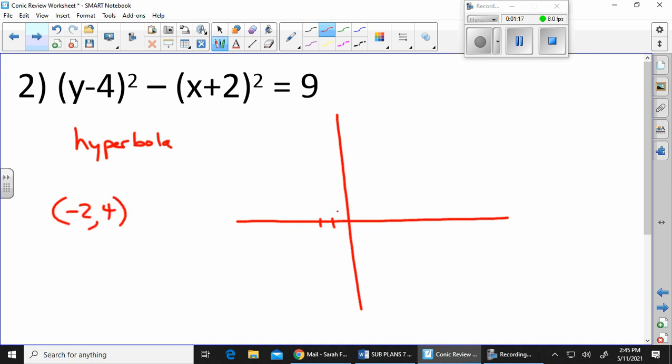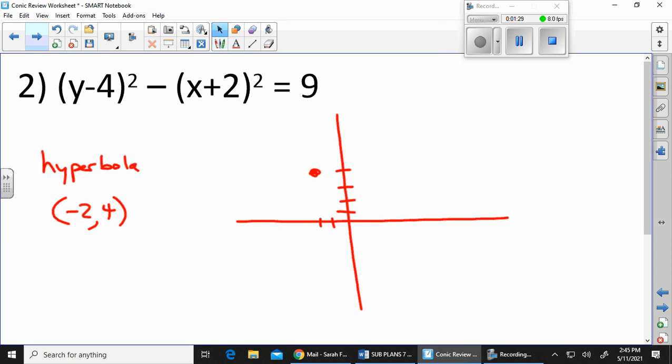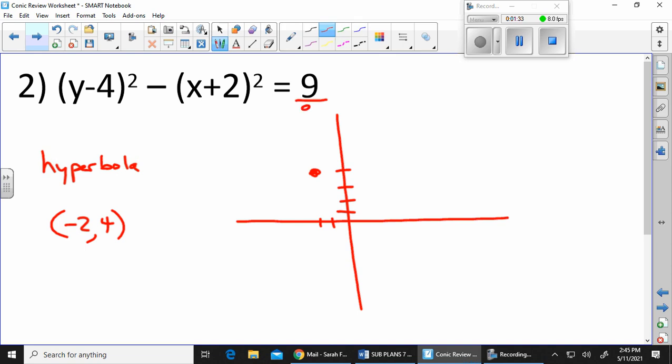So -2, 4. Y is first, but if I look at this, I'm doing it as I go, it's a hyperbola, but it doesn't equal 1. So I got to divide by 9, divide by 9, divide by 9. Now that is 1.